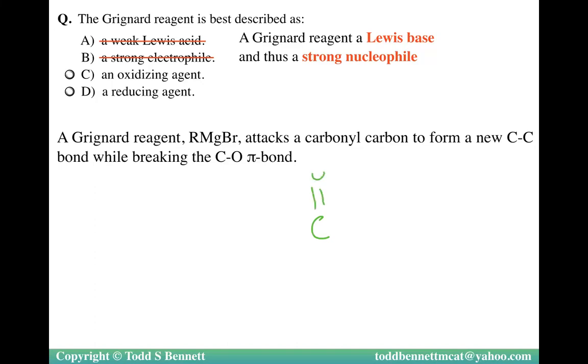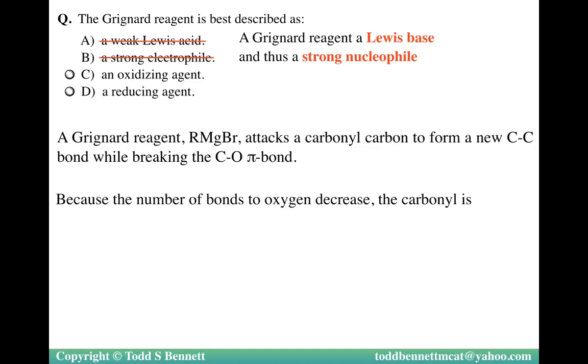What happened along the way, and we maybe didn't even notice it, was we went from 2 bonds to O to 1 bond to O. We lost a bond to O, which we now know is reduction. Gain of O is oxidation, loss of O is reduction. So without even realizing it, we carried out a redox reaction, which means a Grignard reagent is causing reduction, causing the carbonyl to get reduced.